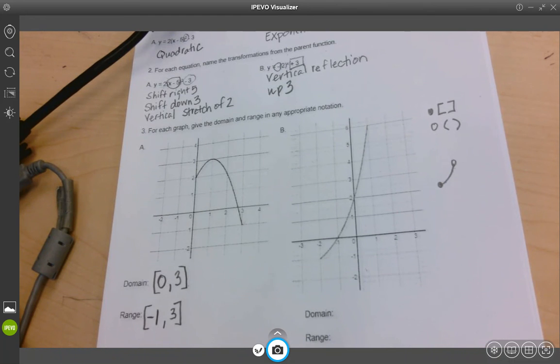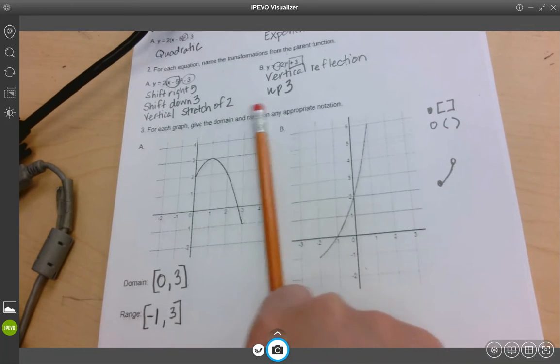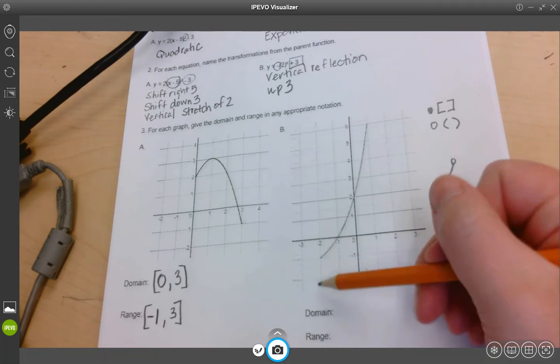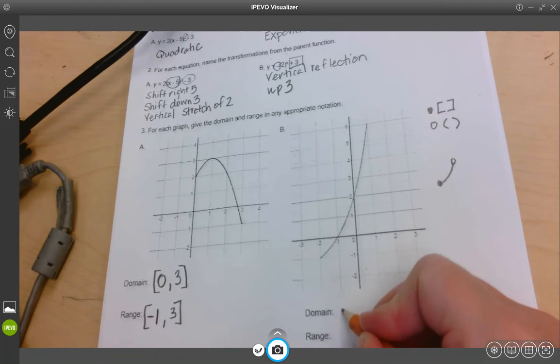Okay, ask a question. Okay. Next one, domain. Your first x value is how much? It is -2, thank you.